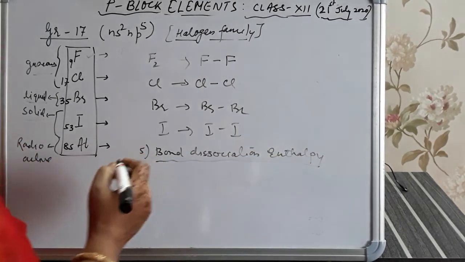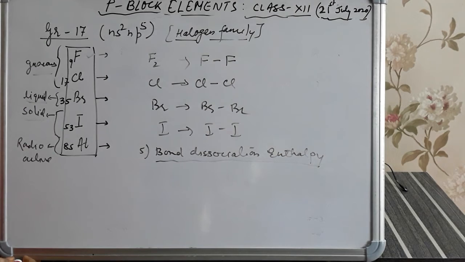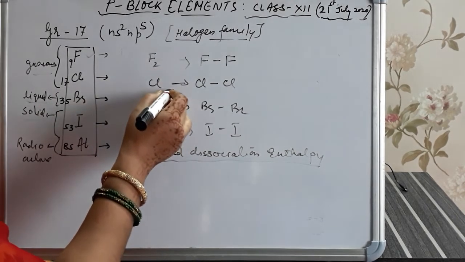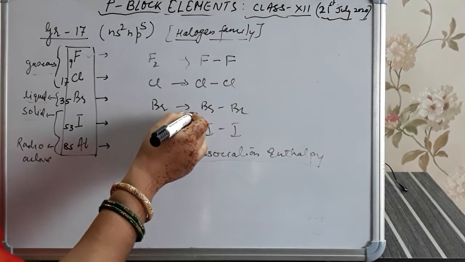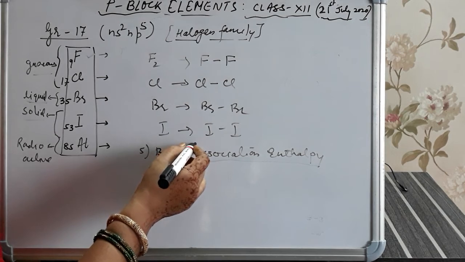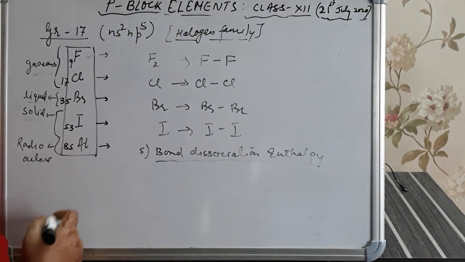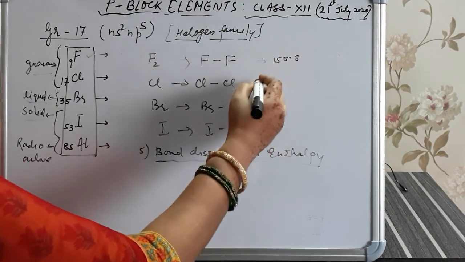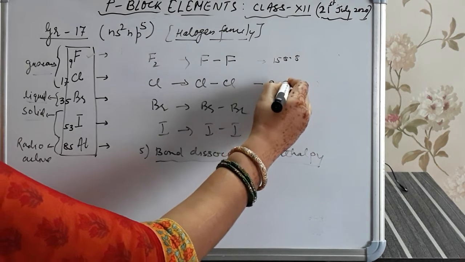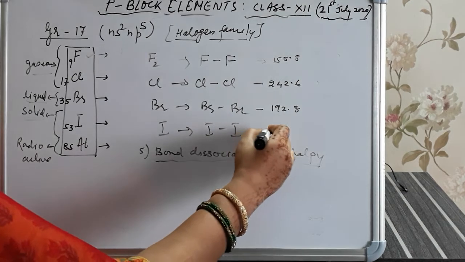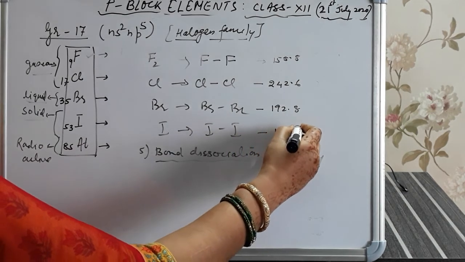So what about the bond dissociation enthalpy regarding these members? Their bond lengths are 143, 199, 228 and 266. The bond dissociation enthalpy found experimentally is 158.8, 242.6, 192.8 and 151.1.